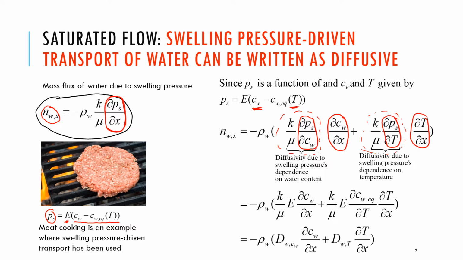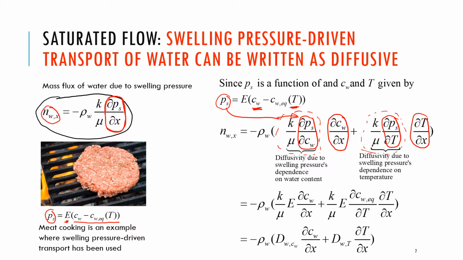So if I now plug in for P_S, I get minus rho_W K over mu times del C_W del X. So I'm taking the derivative of P_S.